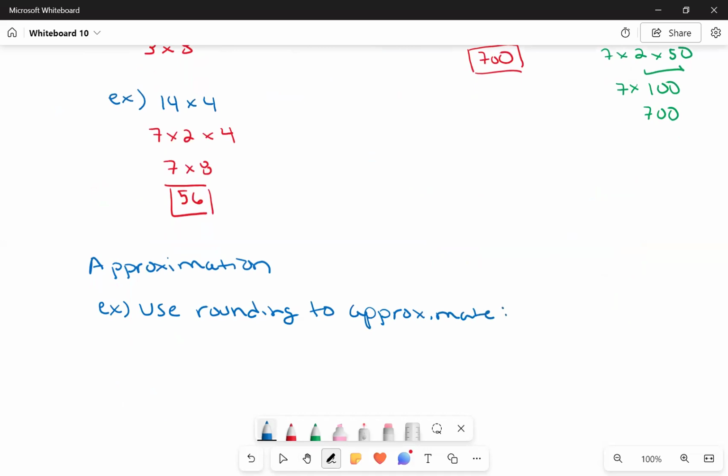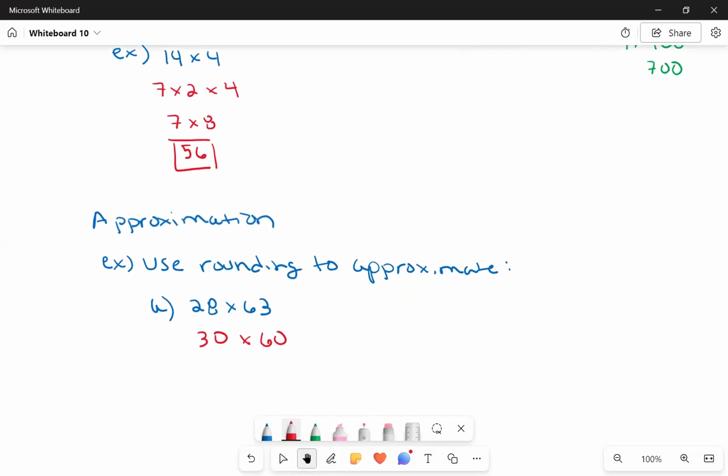Part A. Let's say I want to do 28 times 63. It would be way easier if I rounded 28 to 30 and rounded 63 to 60. And 30 times 60, well, that's easy. That's 1800, right? 3 times 6, add the 2 zeros.